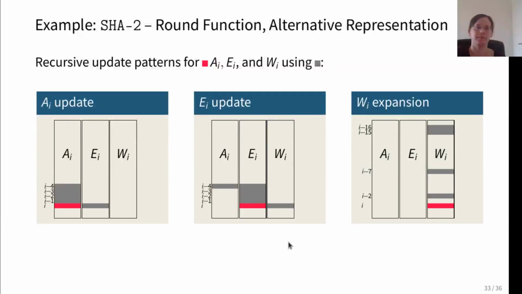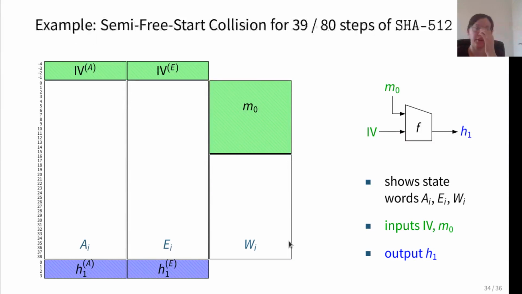So this is what the state update looks like. And we now can represent the characteristics using the following sort of illustration. So we're showing here the compression function with a message input and a chaining value input, which produces some output. We're representing it like this. So we have these A and E words, which are initialized, if you saw it in the previous picture, from the IV input.